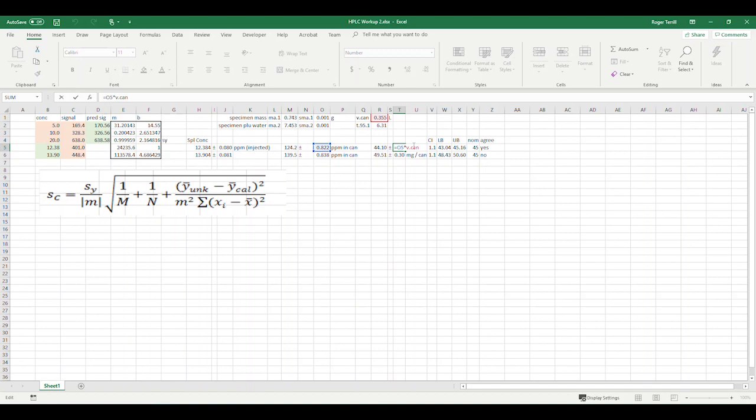So that's easy. And then the confidence interval, we're going to take T times S and divide by the square root of 3, right? So the T value there, the formula for that is T.INV 0.95 comma 1. 0.95 is the confidence interval, and 1 is the degrees of freedom.